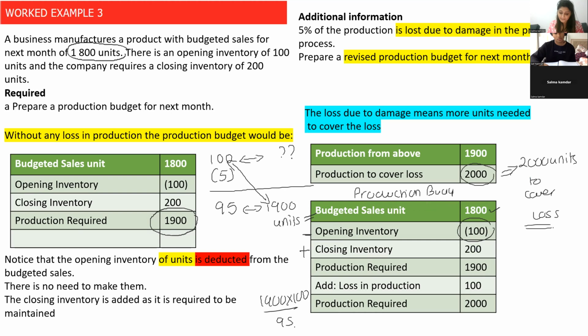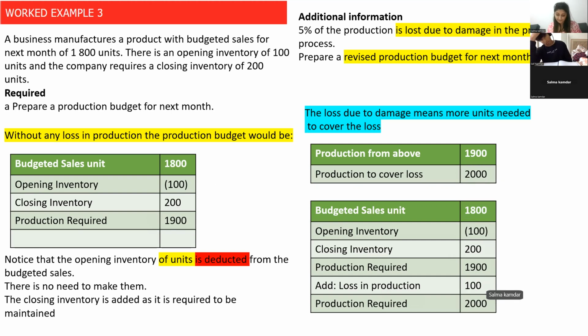So what will you get as production required? 1,900. But you will also have to add the loss in production, which is 100. So your production required is 2,000. You will find this 2,000 and then you will automatically get the loss in production as 100. Are you with me?